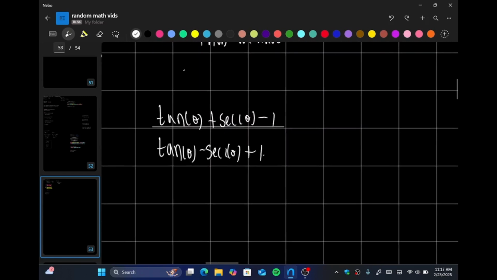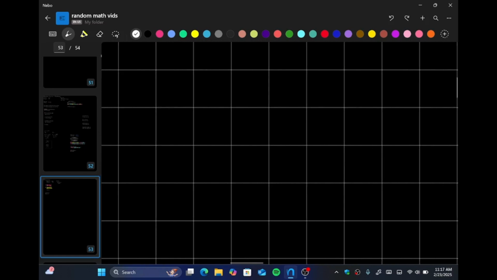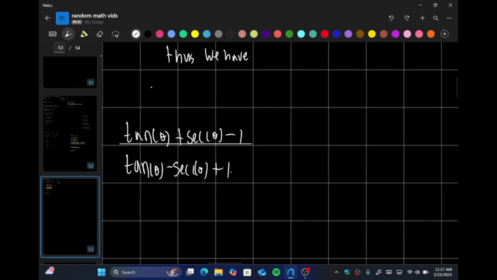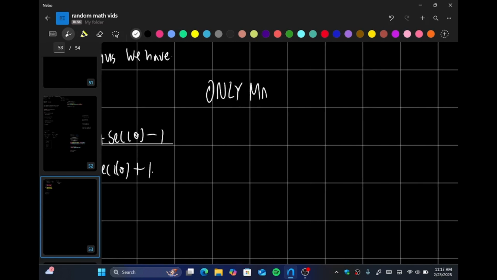Here's the thing, and this is where it gets pretty tricky. From this part here, we will only manipulate the top, or the numerator.